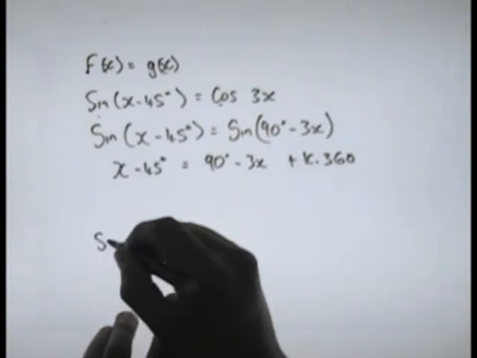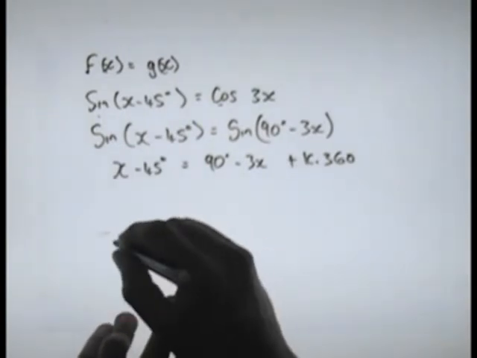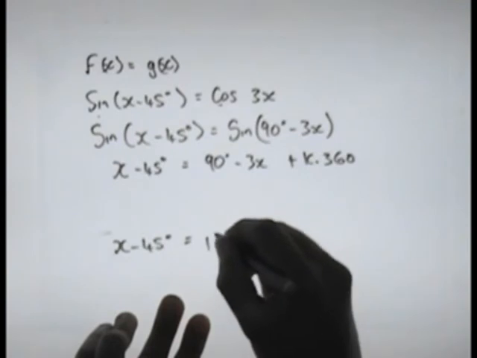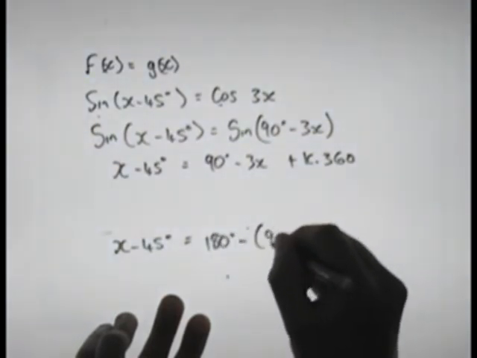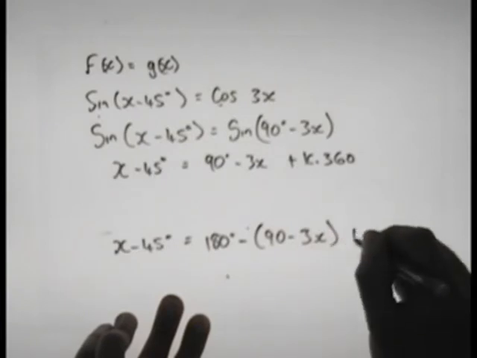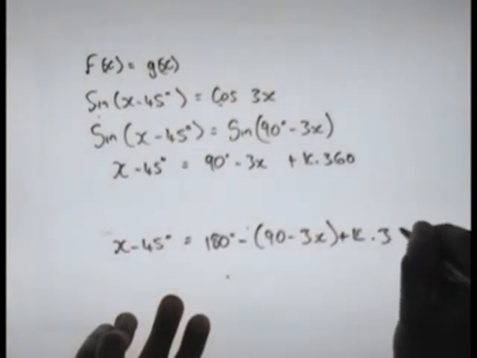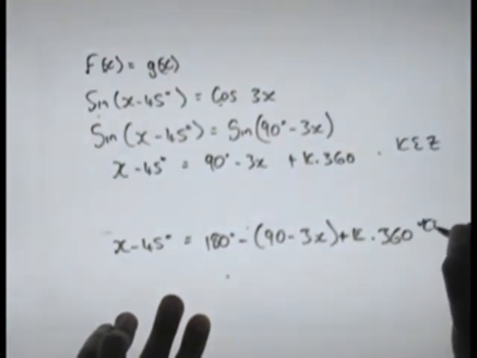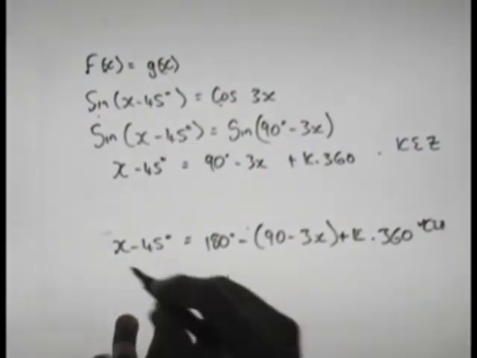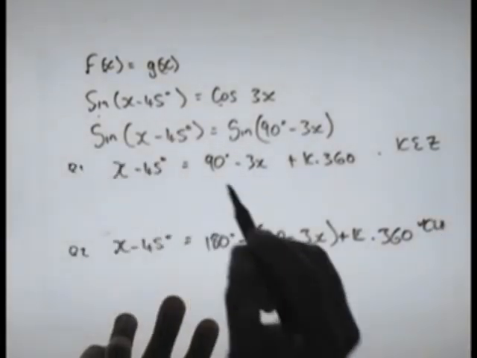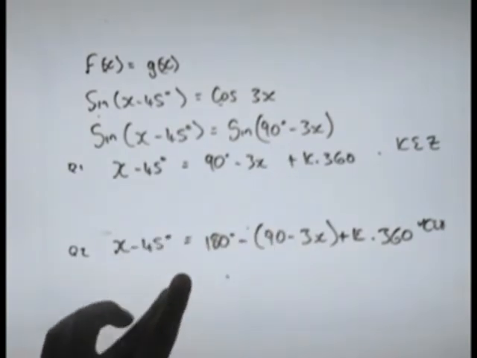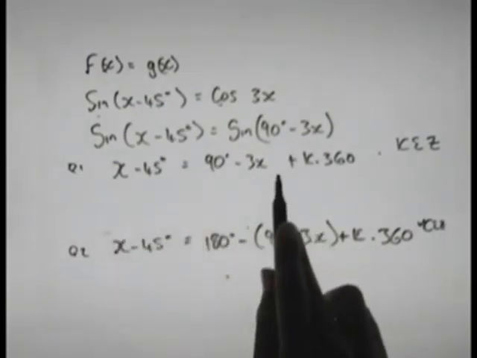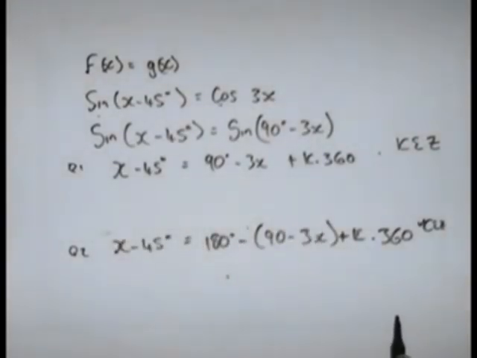Or I could say that x minus 45 degrees is equal to 180 degrees minus (90 minus 3x) plus k times 360. Both of these are when k is an element of integers. And this is for quadrant 2. Remember that sine is positive in quadrant 1 and quadrant 2. Because we're using general solution, we've got to use the quadrant 1 solution and the quadrant 2 solution.